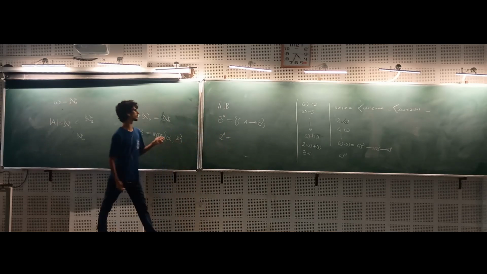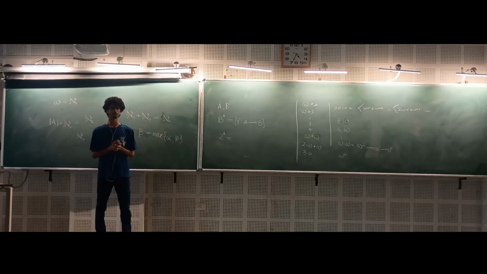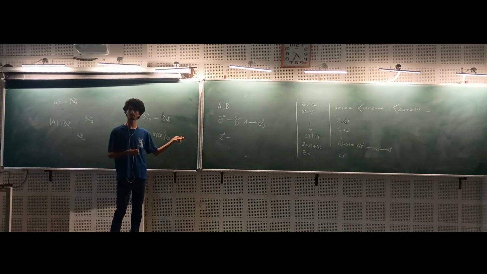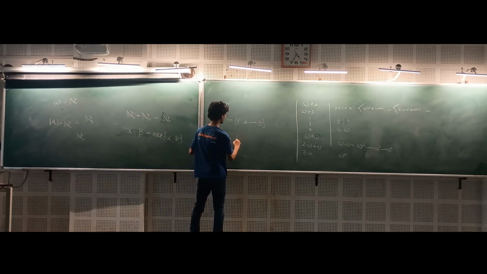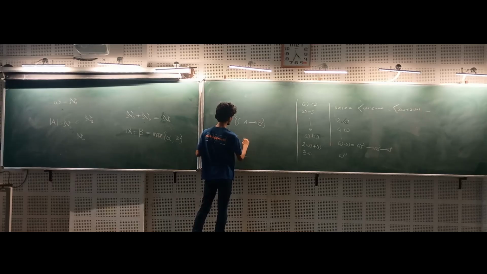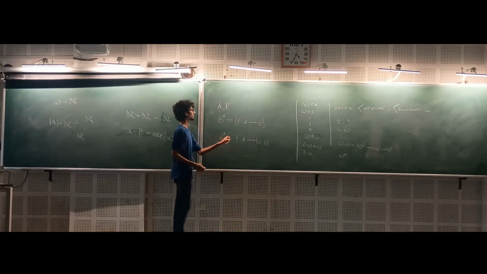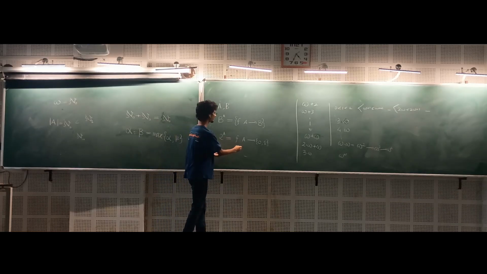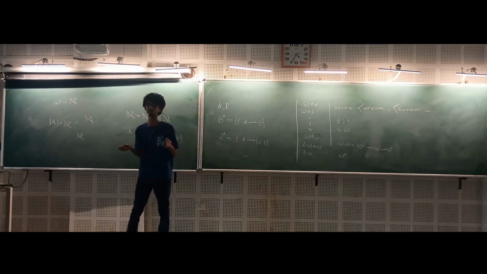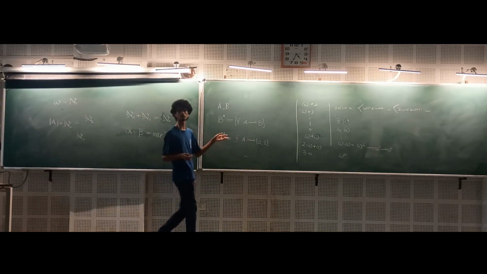In particular, I want you to see what 2 power A is. What is 2 power A by definition? Functions from A to 2, and 2 is the 2 element set 0, 1. So for a particular function f, some element takes 0, some element takes 1.